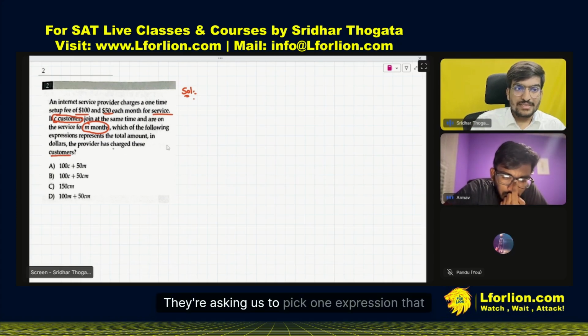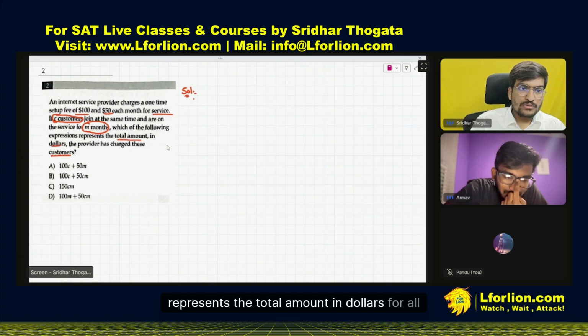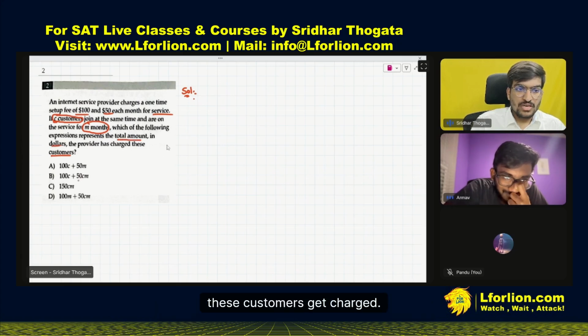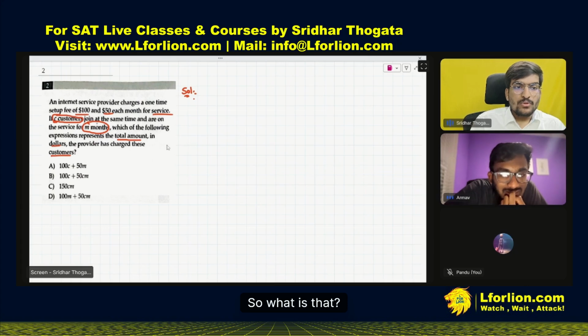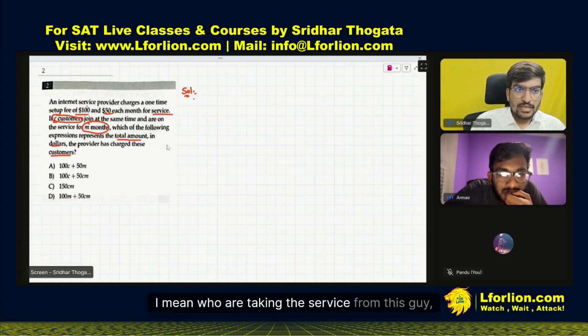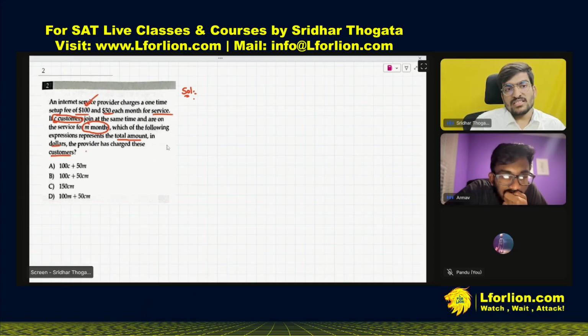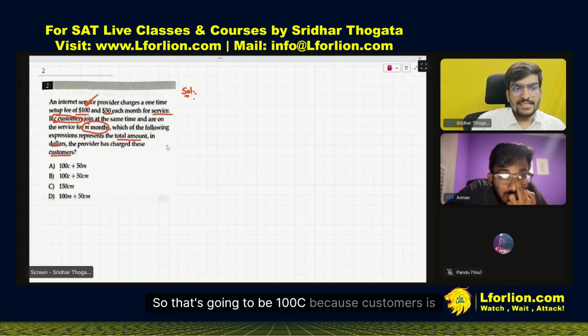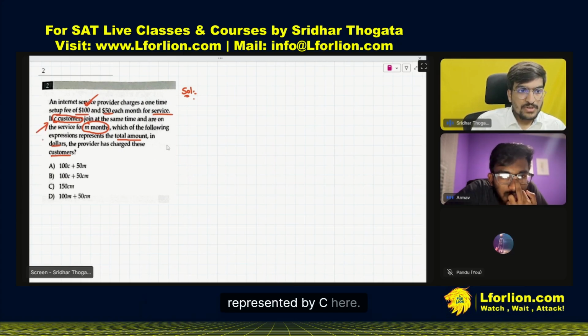They're asking us to pick one expression that represents the total amount in dollars for all these customers. So what is that for all the customers who are taking the service? They are going to pay $100 for sure. $100 for all customers, so that's going to be 100C, because customers is represented by C here.